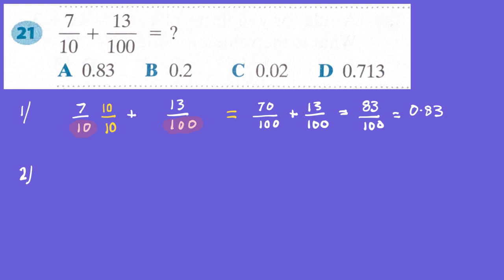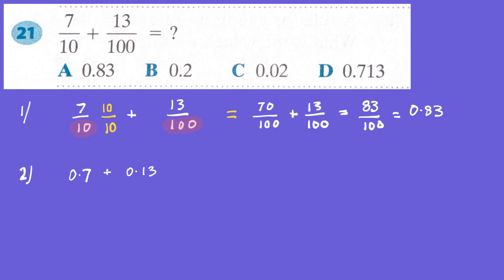Dividing the number by 10 means we're moving the decimal point 1 to the left. And now we're also going to add 13 over 100. This time we move the decimal point 2 places to the left, which makes this 0.13.